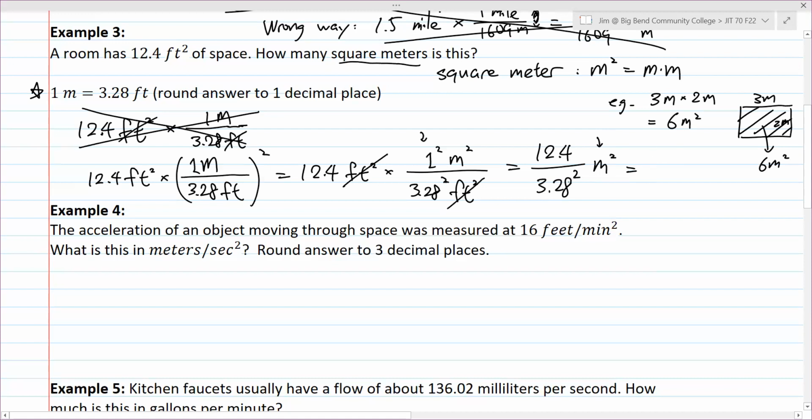So don't forget to plug in the 3.28 squared into your calculator. It's very important for you to reason the math in this way. And then eventually you'll get the final answer in 1 decimal place, which is 1.2 meters squared. Right. So that is right. That is the answer.